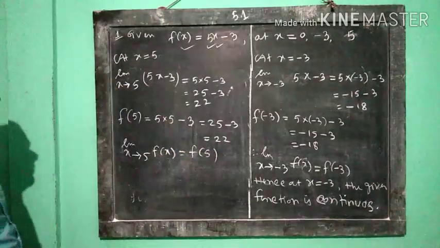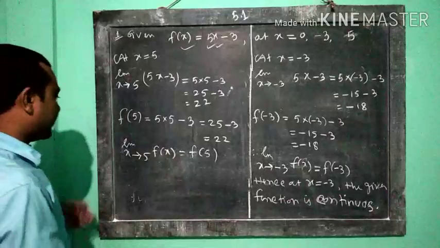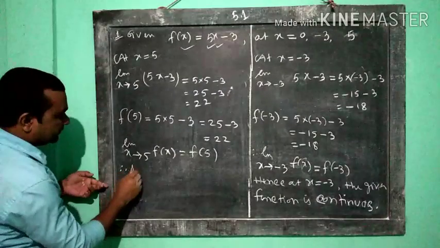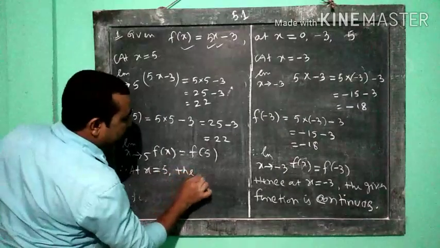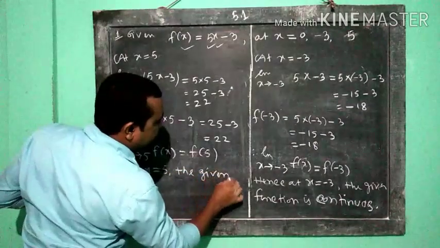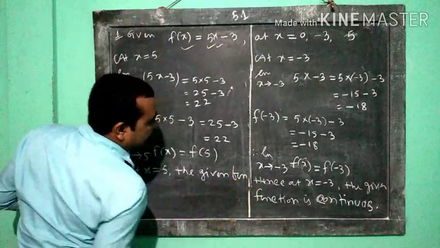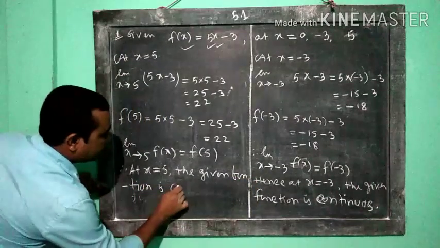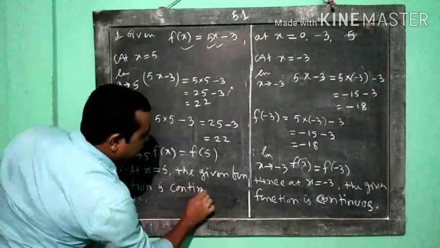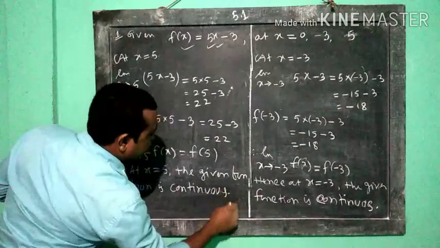Here also the values are the same. Therefore, at x = 5, the given function is continuous. Okay.